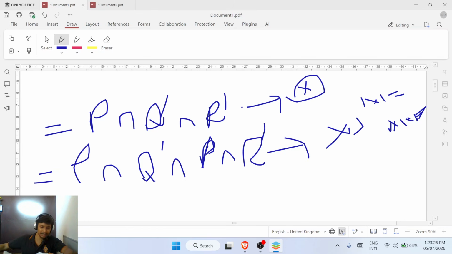For example, now we took P minus Q union R. What we have to prove is that P minus Q union R is equal to P minus Q intersect P minus R. Therefore, you must always consider what to prove.